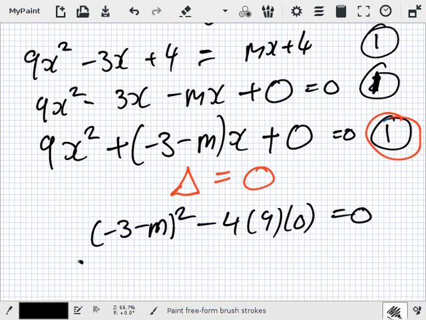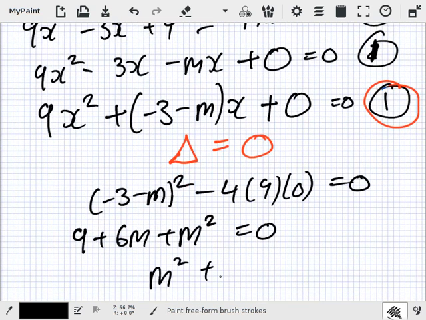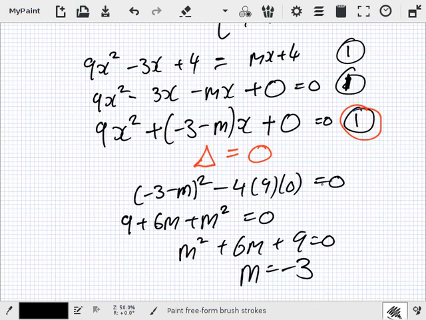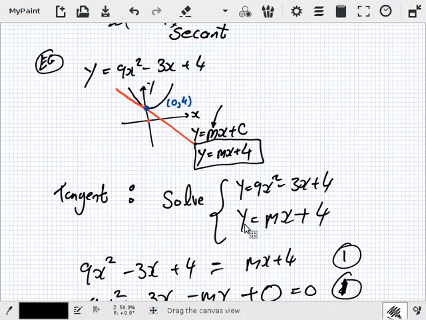So that means 9 plus 6m plus m squared should equal 0. So you get m squared plus 6m plus 9 should equal 0. So you end up getting m equals minus 3, which you could have seen earlier. Which makes sense, because if you look at the picture, the m should be negative.